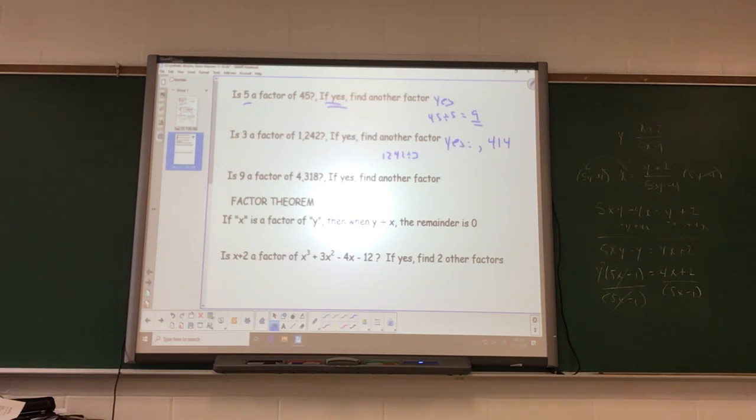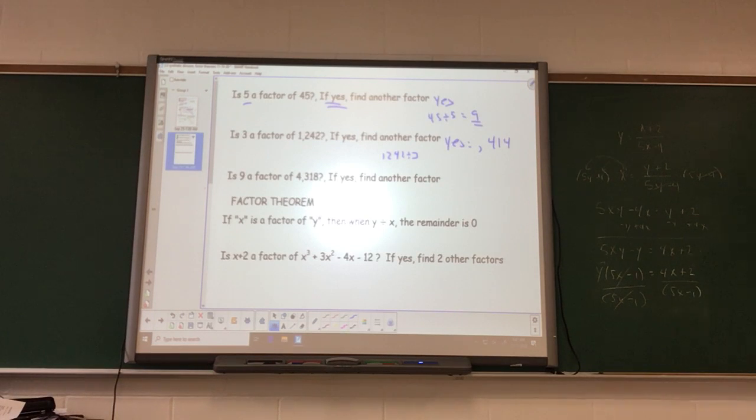Anybody use your calculator to find that out? Vivi, did you use your calculator? How'd you know it's not a factor? I did 4,318 divided by 9. Alright, and then what happened? It was decimals. Yeah, you came down to a number plus a bunch of decimals. So that tells me I don't have a factor there.